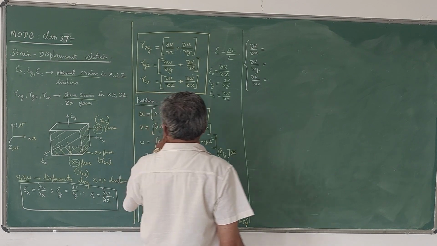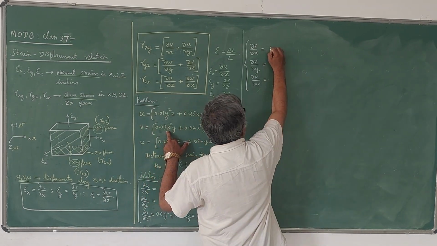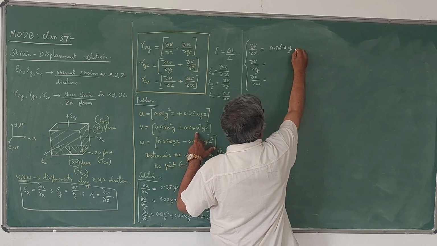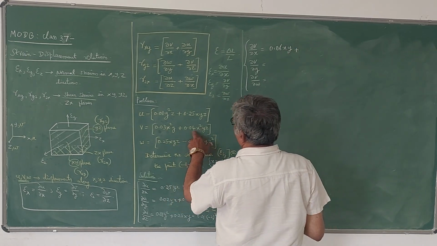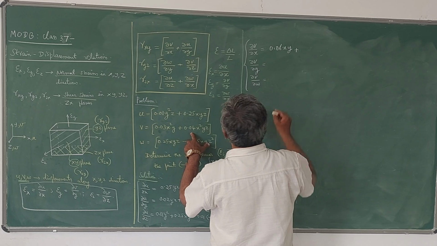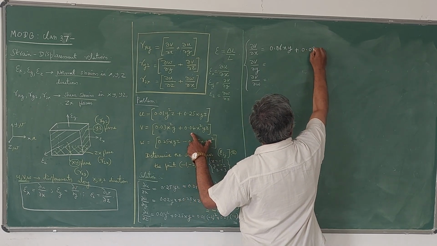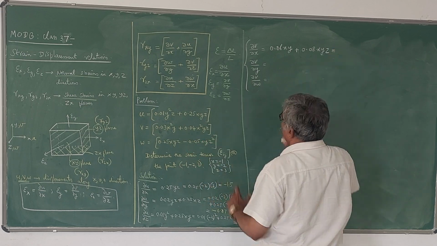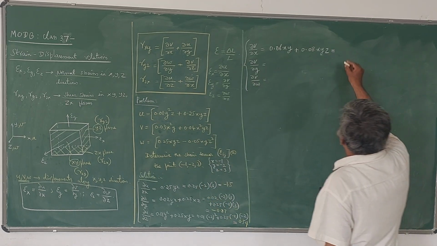So this becomes 2x, that is 0.06xy. And this also becomes 2x, so it is 0.08xyz.